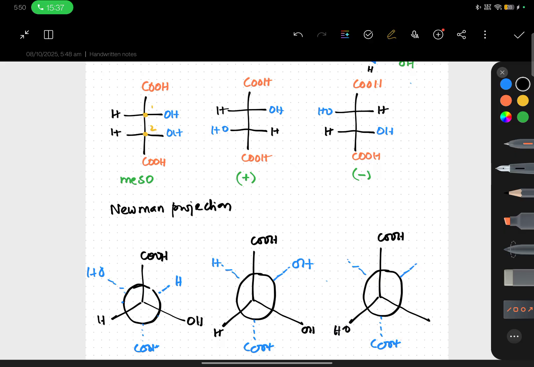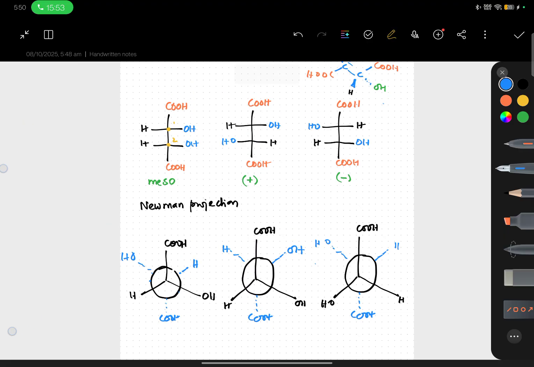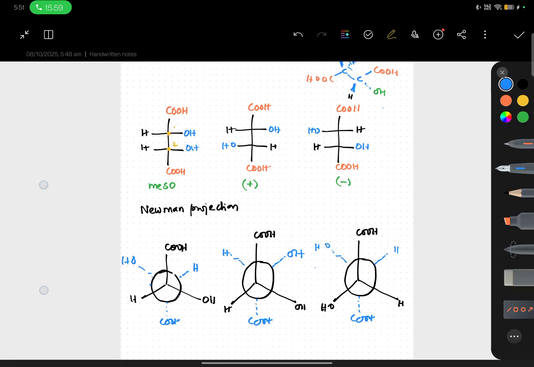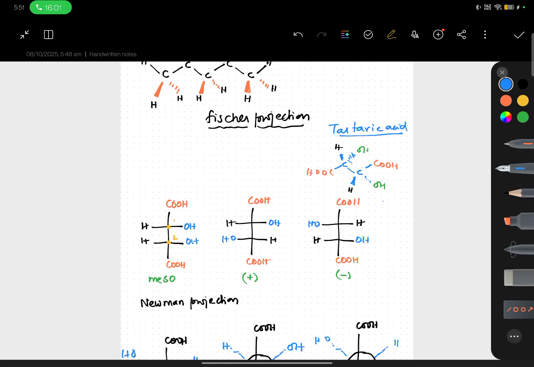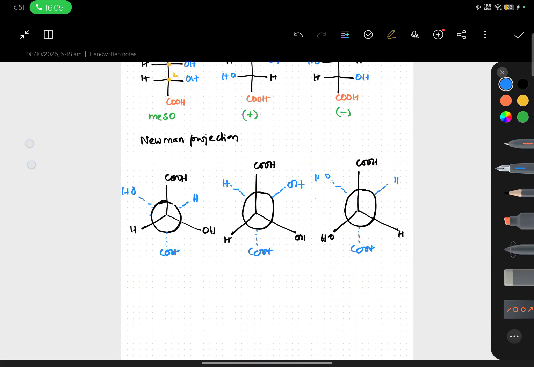So the OH is here, H is here. So opposite of OH you have H. Opposite of this H you have OH. This is called Newman's projection or Newman projection. Copy this now. So these are the various methods by which you write or project the molecule. So Newman projection, Fisher projection, wedge projection, bond line, condensed and expanded form.